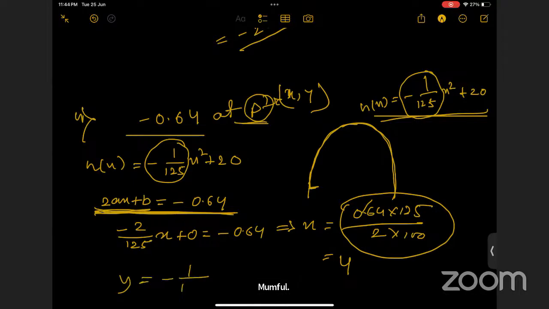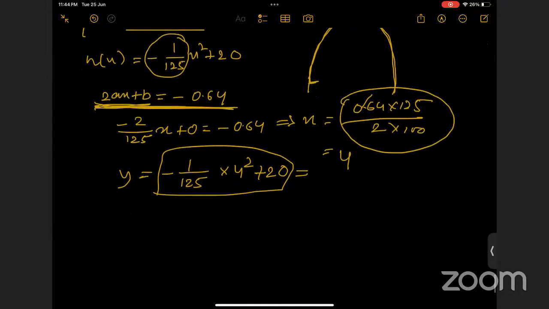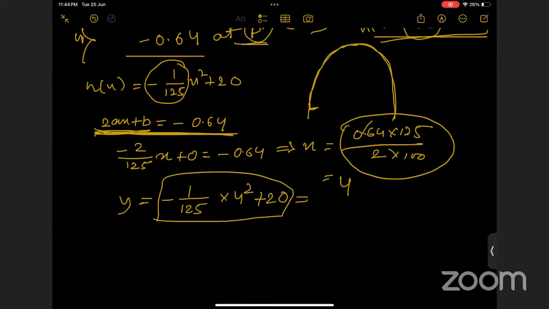So from here we can find the value of y. y equals minus 1 by 125 into 4 squared plus 20. What is the value of y then? Ma'am, I think x is 40. What is the value of y?